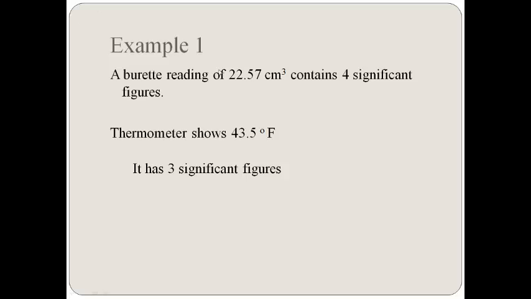As you see here, we have 1, 2, 3, 4. So we have 4 non-zero digits, so for this observation we have 4 significant figures. Next example, here we have a thermometer that shows 43.5 degrees Fahrenheit. All of them are non-zero. So 1, 2, 3, we have 3 significant figures.